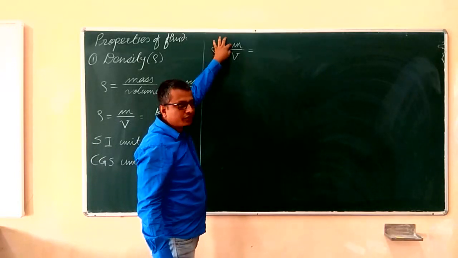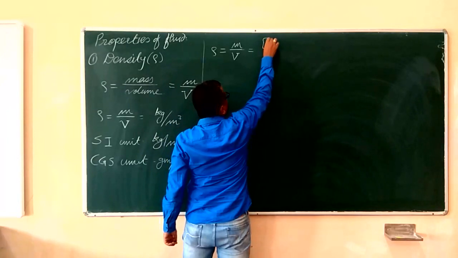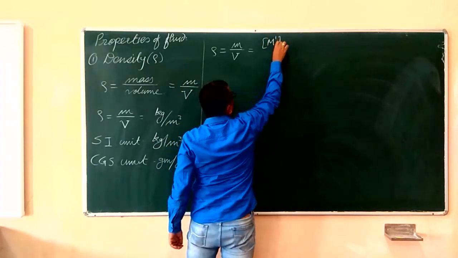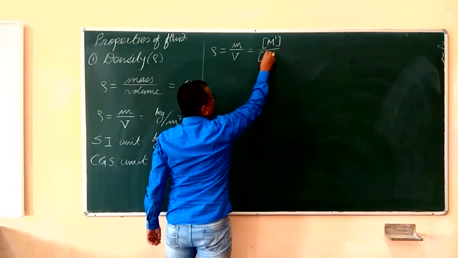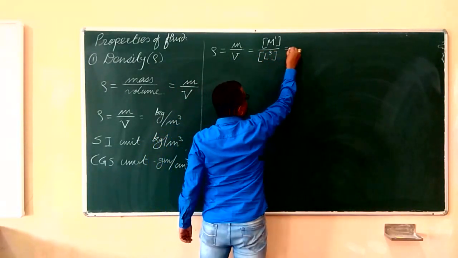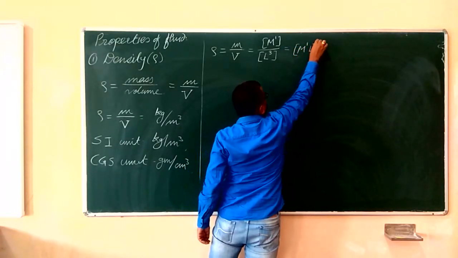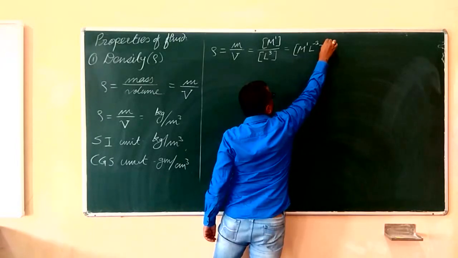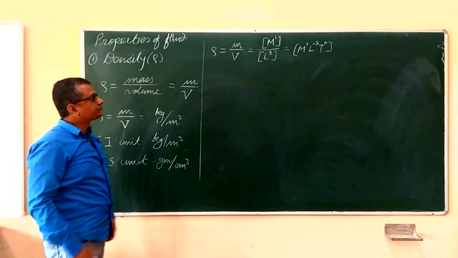If you express the numerator in terms of the fundamental physical quantities, it is mass to the power 1, divided by the volume. Volume will have the dimensions L cubed, so the dimensions are M to the power 1, L to the power minus 3, and T to the power 0. So these are the dimensions for the term density.